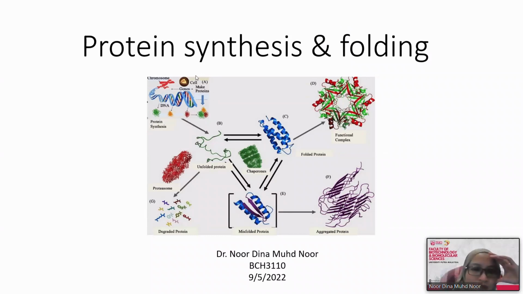So if you look at the cover for the slides today, we have the process starting from DNA, and then the translation process happens, and then how the protein that is synthesized becomes, first of all, unfolded, but then it should be folded.